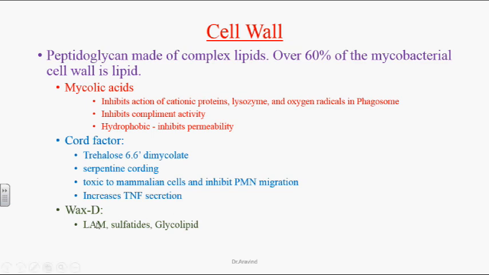They also inhibit the phagosome-lysosomal interaction and the oxidative burst, and they prevent hydrogen ion entry into the phagosomes, so that the pH won't be reduced and no damage occurs to this organism. So this organism replicates inside a phagosome because of all these virulence factors: cord factor, LAM, sulfatides, glycolipids.